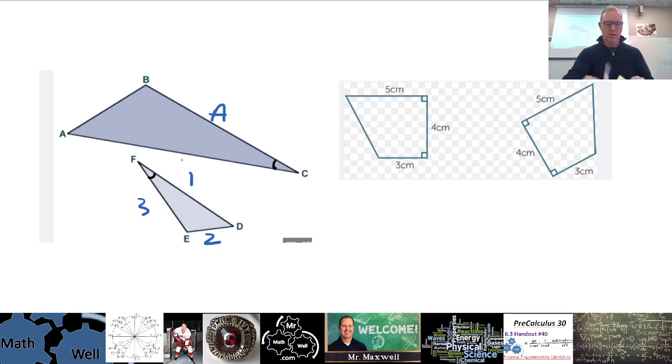So I'm going to keep some of the same angles, but I am going to cut this at different places. All right, so real quickly, and you can do this as well. Okay, we're almost there.